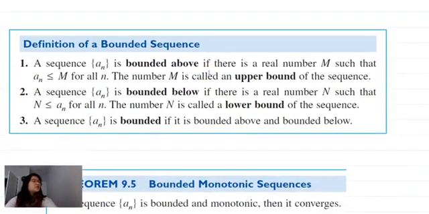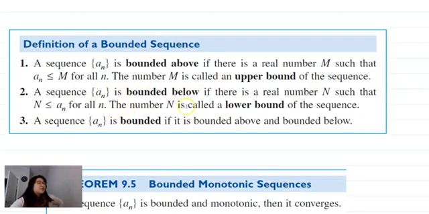Alright. A couple more things. So we got a bounded sequence. A sequence is bounded above if there's a number, like a y value, that is greater than all of your terms in your sequence. And that's called the upper bound. The smallest number possible for that is going to be your upper bound.